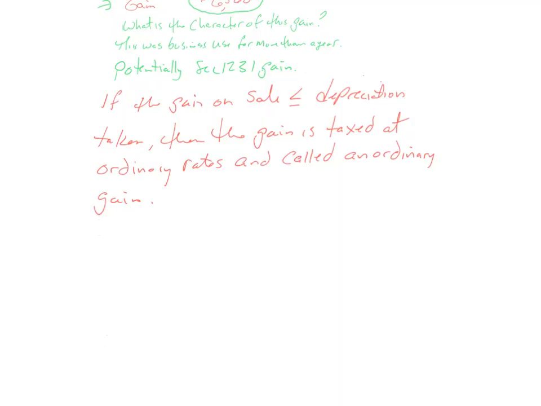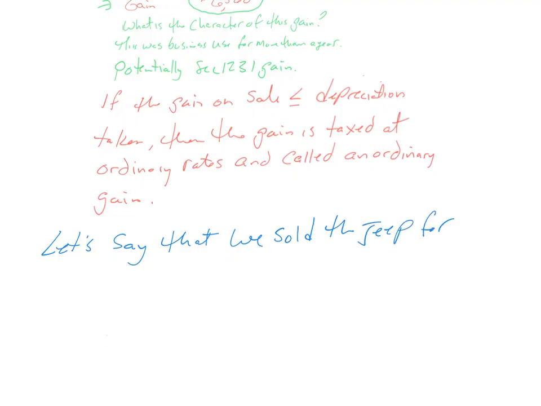So let's say we'll change our facts up just a little bit. Now let's say by some magic twist of fate, we are able to sell this Jeep for $40,000.